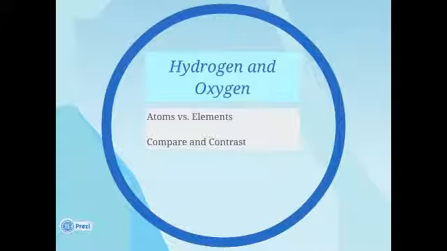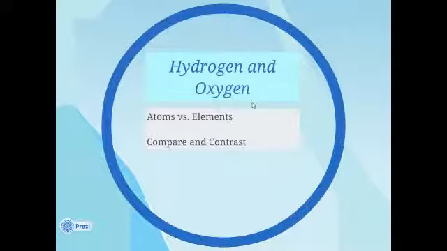Now those elements are made up of atoms. Atoms are the single smallest unit of chemistry, at least of the chemistry that we'll be talking about. So hydrogen is 1 proton and 1 electron. That's it. Nothing else. That makes up a hydrogen element, or a hydrogen atom.